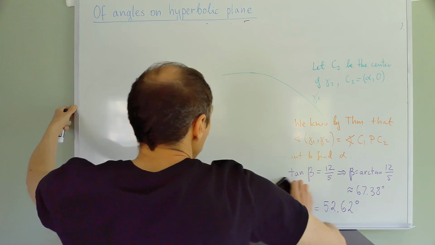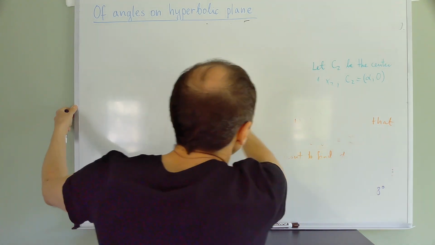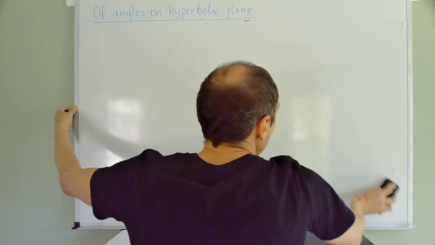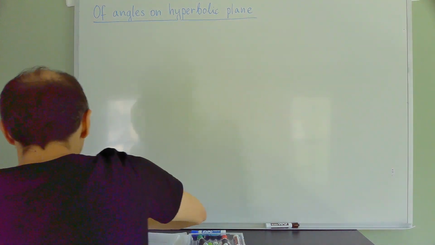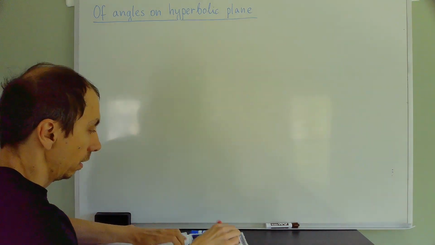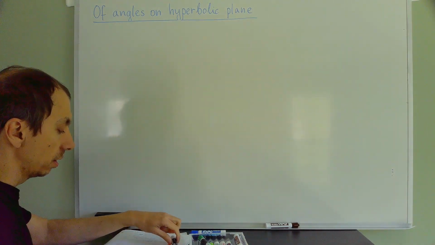Namely, finding angles in hyperbolic triangles. And we're going to do a particularly simple triangle to make the calculation somewhat easier.